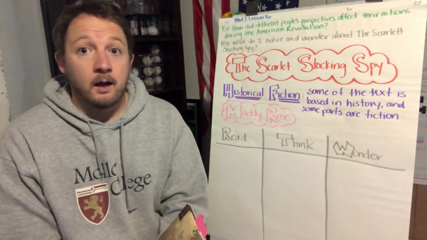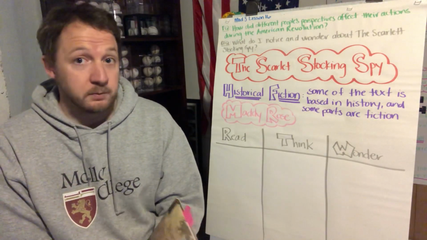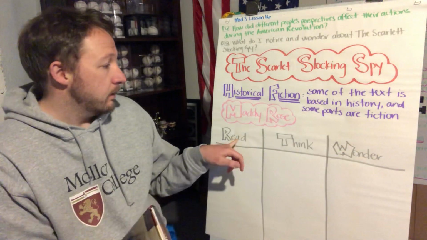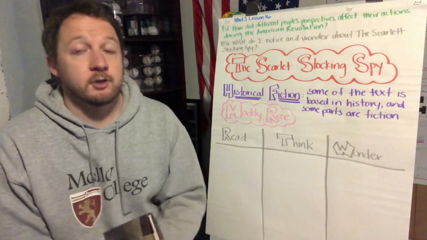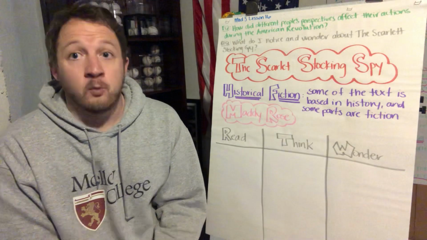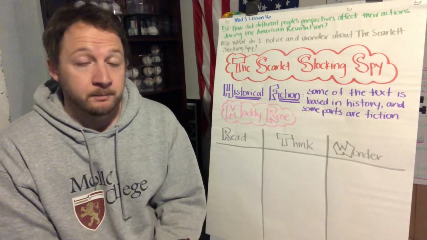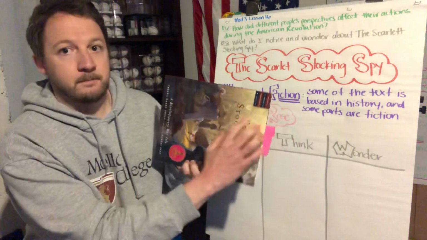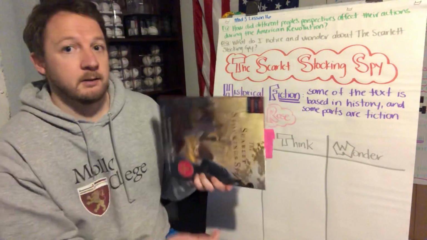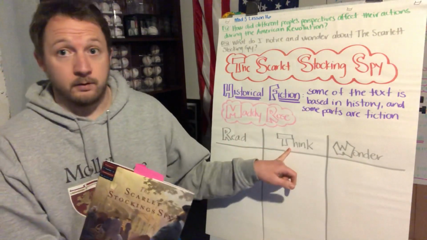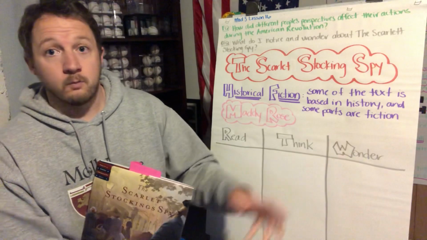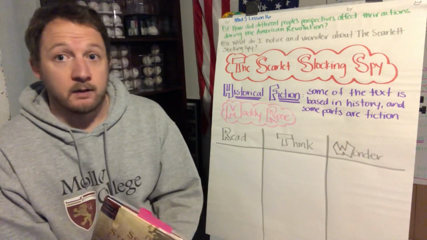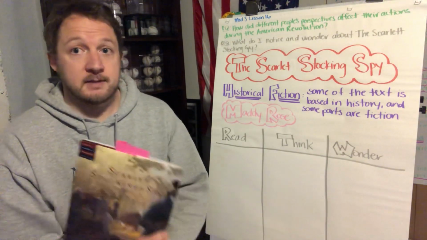Your job today for your classwork is going to be to create a read, think, and wonder chart. If you can't get one on your computer, please take a piece of paper, maybe turn it this way, and make 3 columns: one for read, one for think, and one for wonder. This way, as we go through, you can jot some stuff down.